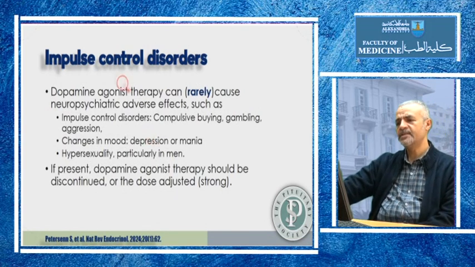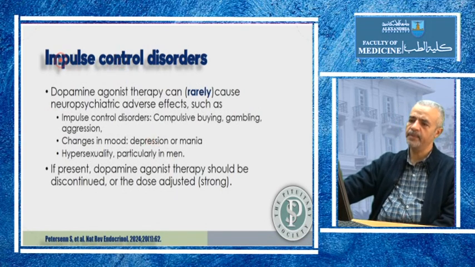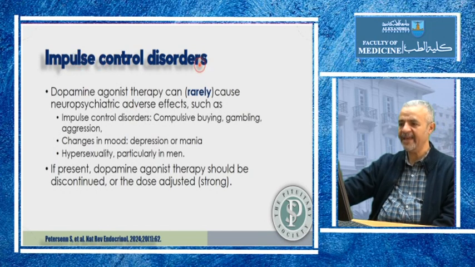You have to remember that some patients may complain of impulse control disorders while using the dopamine agonist. This occurs rarely, and by impulse control disorders, we are referring to compulsive buying, gambling, or aggression, changes in mood in the form of depression or mania, or maybe hypersexuality in men. If impulse control disorders are present, the dopamine agonist has to be either down-titrated or discontinued.